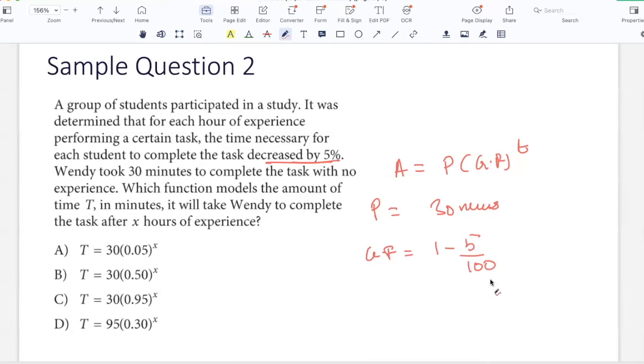So it's 1 minus 5%, which is 1 minus 0.05, which is 0.95. So my growth factor is 0.95. So the final amount of time it would take would be 30 times 0.95 to the power X, where X is the hours of experience. So that's 30 times 0.95 to the power X, option C.